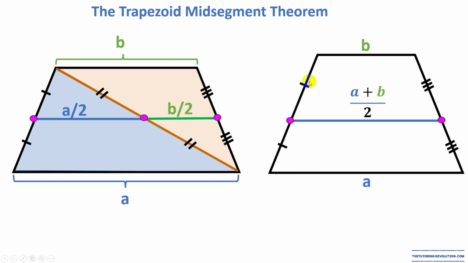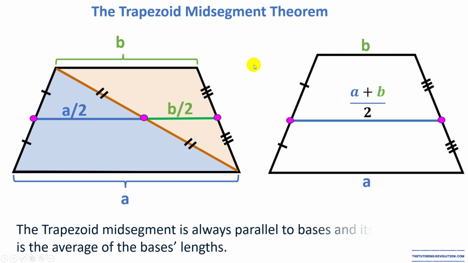Okay? So that would be the trapezoid midsegment theorem. The trapezoid midsegment is always parallel to the bases, and its length is the average of the bases' lengths.